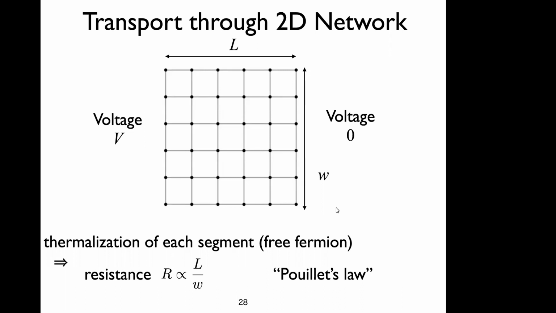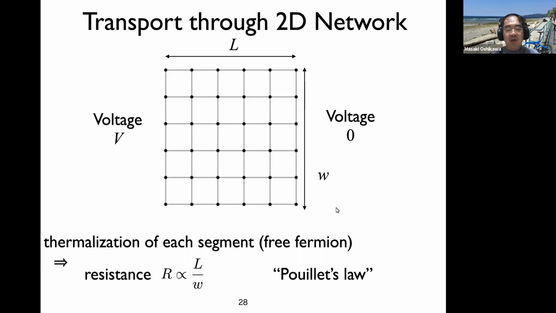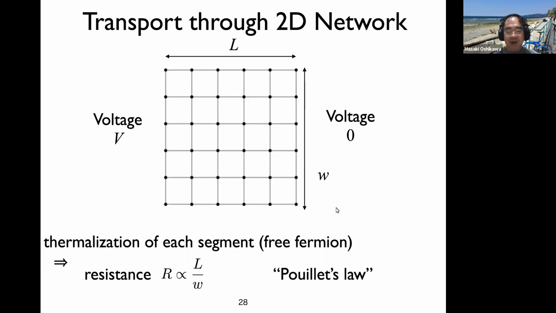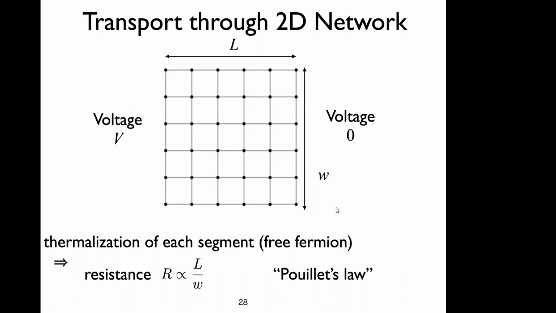Pouillet's law is non-interacting. Or should I believe that even in the presence of interaction, formally, these formulas are correct? So far I have been discussing non-interacting cases. Okay, good, then I understand everything. From now on, I want to extend this to interacting cases.